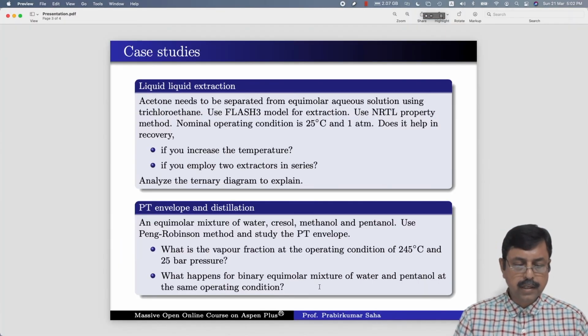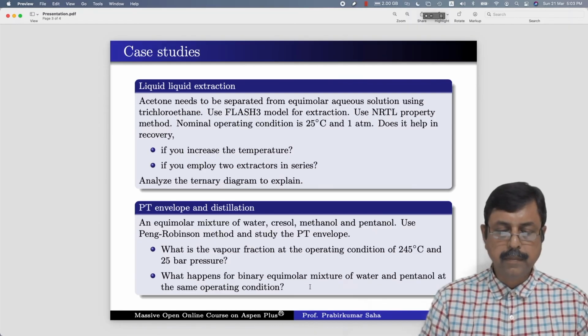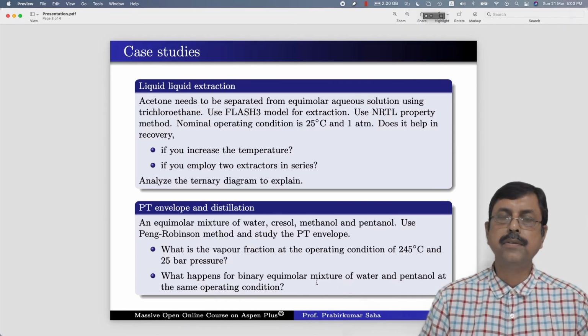Now the next question is, what happens for a binary equimolar mixture of water and pentanol at the same operating condition? That means we shall chuck out this cresol and methanol. Only water and pentanol will remain. It will be an equimolar mixture.